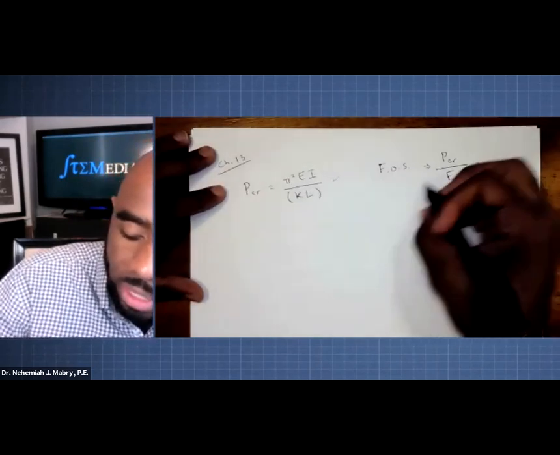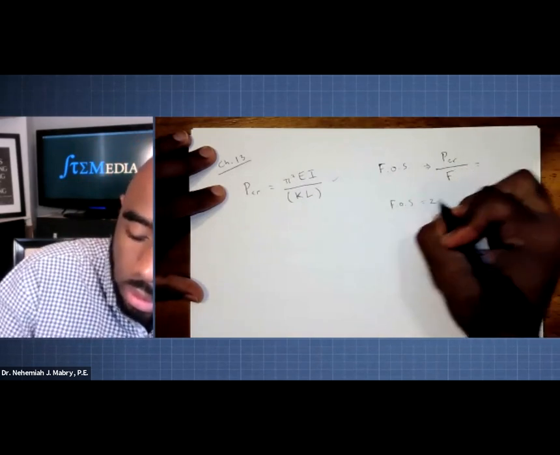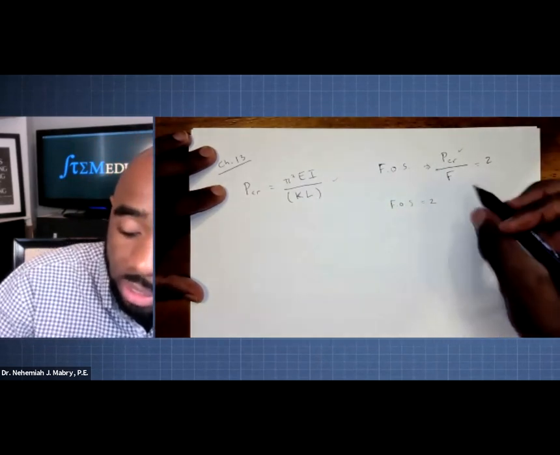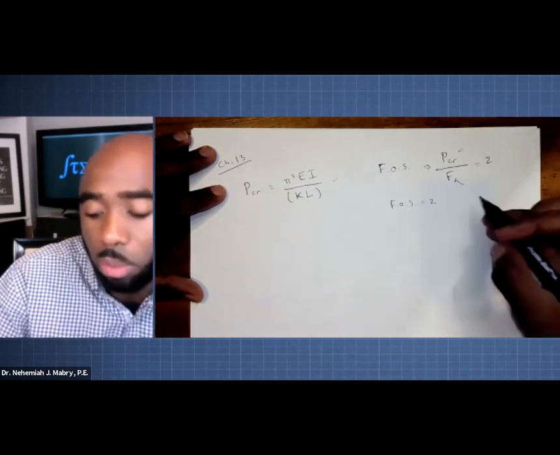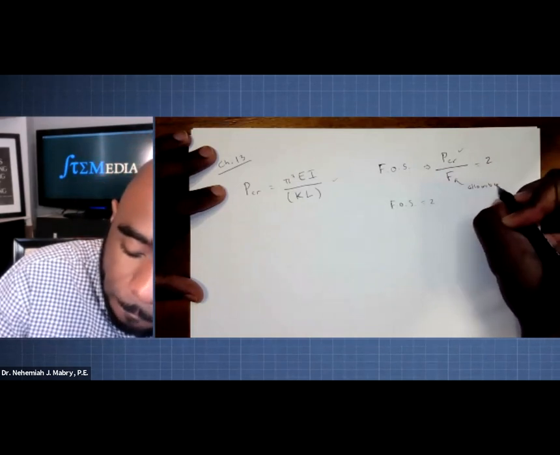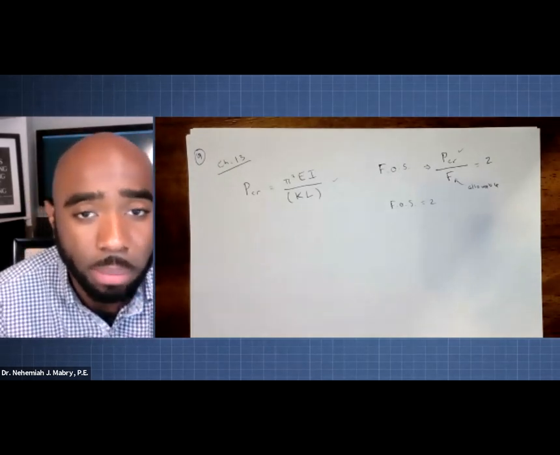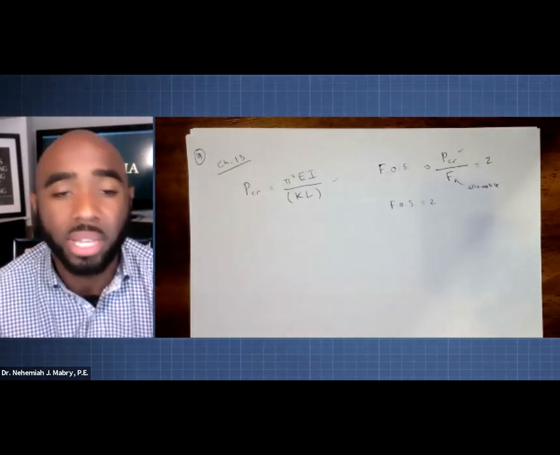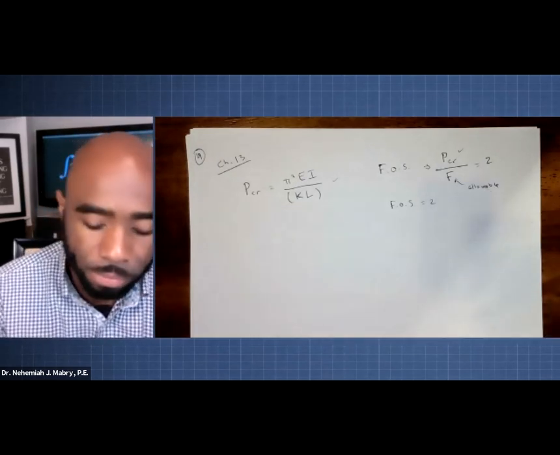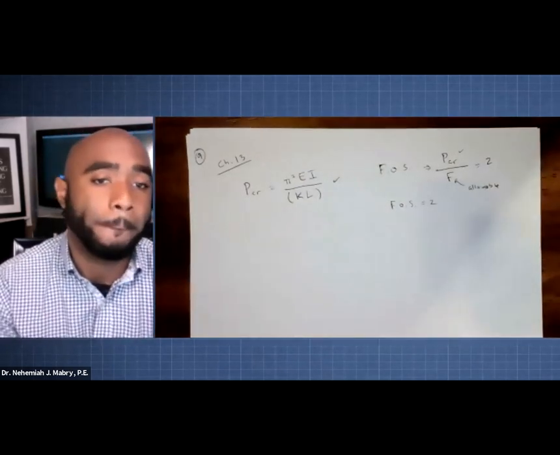So if the factor of safety is 2, you can set that equal to 2, solve through the equation, and then back calculate the allowable load. I just want to throw that in there. Factor of safety, if it comes up, is just how much greater the critical load is over the allowable load. But here's the equation to keep in mind for this particular problem. Keep that one in mind.